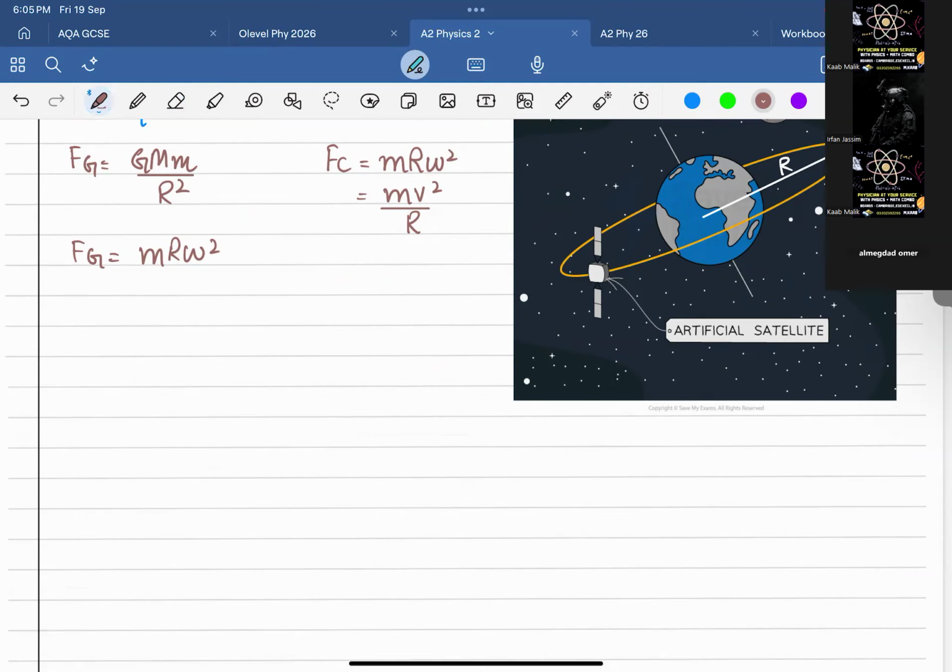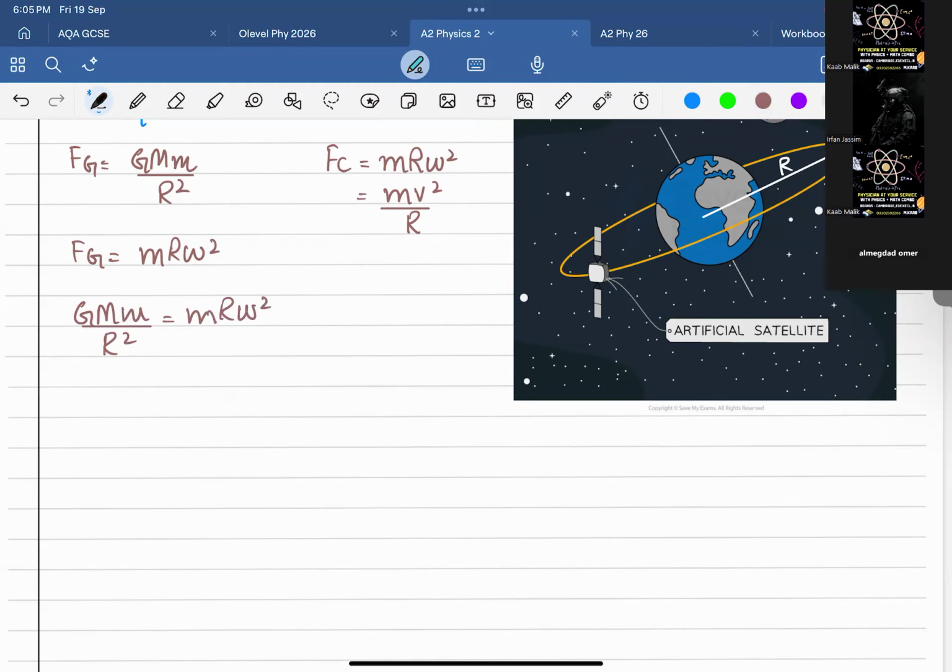Fc is the resultant force, right? According to Newton's second law, F equals ma, so in place of F, I write this one, and in place of ma, I write this whole thing. Then I can replace Fg with GMm over r squared equals m r omega squared, right?